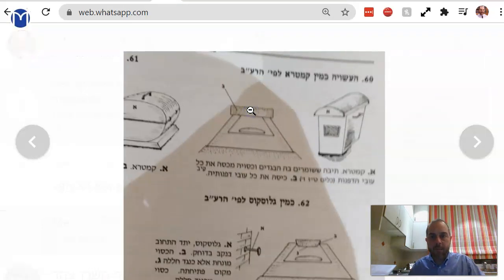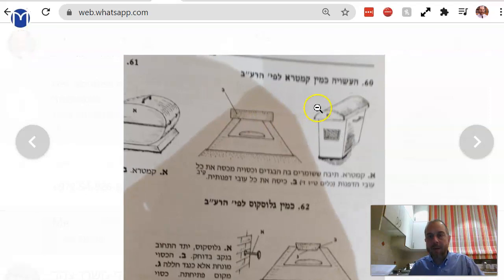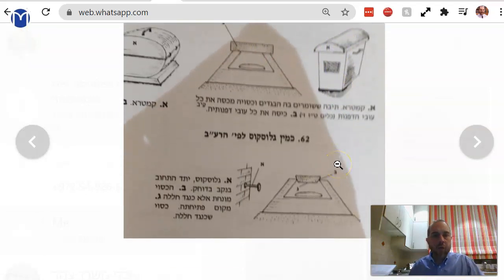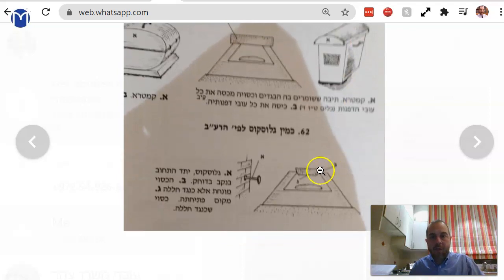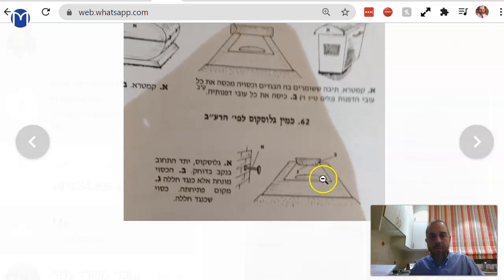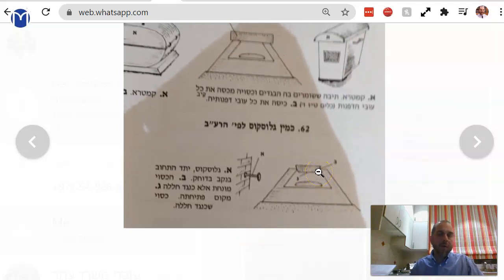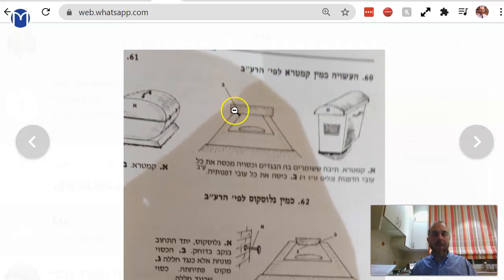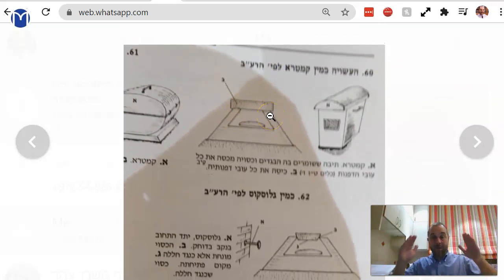So let's see over here. Here he says this is a kamtera. The cover covers the entire covering, even the sides. Guluskus, okay, it just covers the opening itself. So the way the Bartanura is explaining it, the opening is what's really important. If this kever is made like a kamtera, that the whole thing is covered over, then the whole thing becomes the cover.